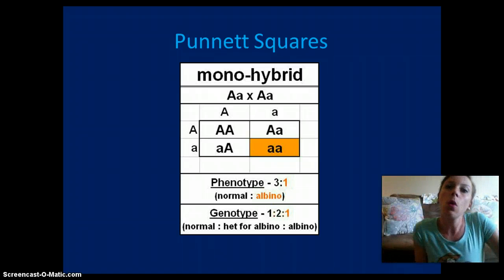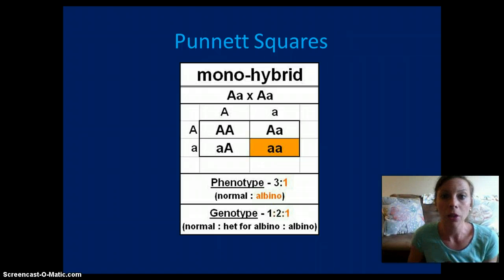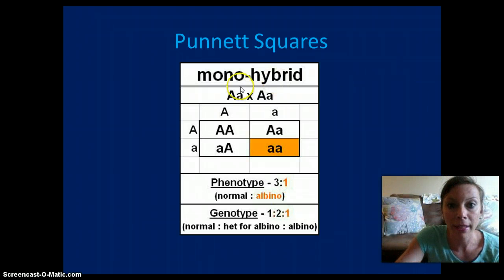Okay, so in order for scientists to figure out the probability, they do what's called a Punnett square or a monohybrid cross. So as I said, these two letters represent a genotype of an organism, and each genotype has two alleles. So we have two parents that have big A, little a. They're both hybrids.